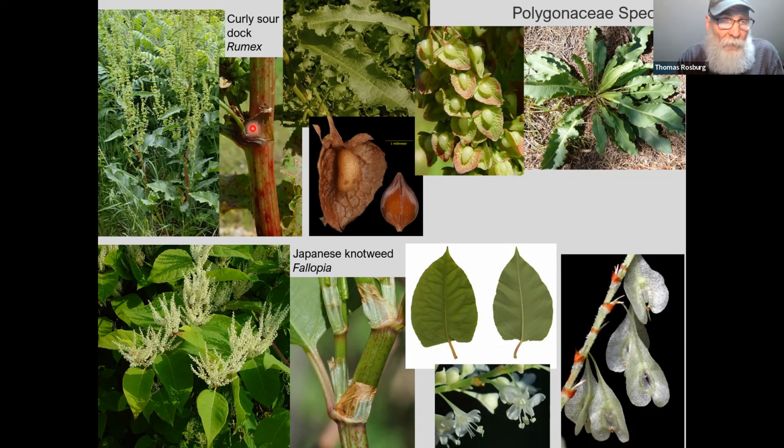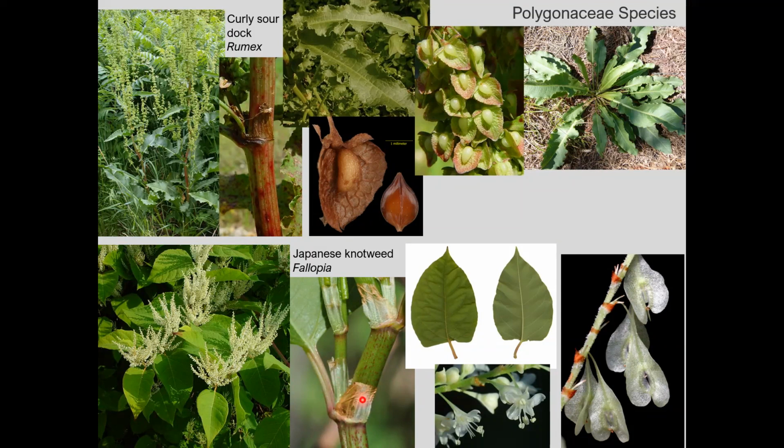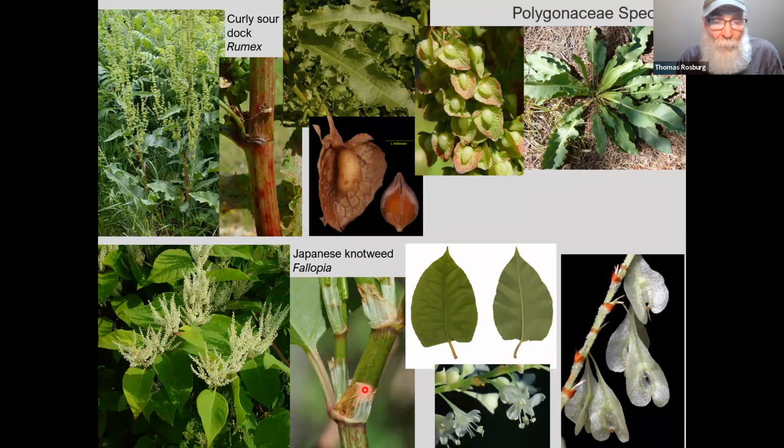So this is an ochrea here, and this is an ochrea down here. The leaf is attached right here at this node. We can clearly see this is a node. The leaf's attached at the node, and the ochrea is then this little short sheath-like structure, a membrane type of structure that starts at the node and goes up the stem a ways.